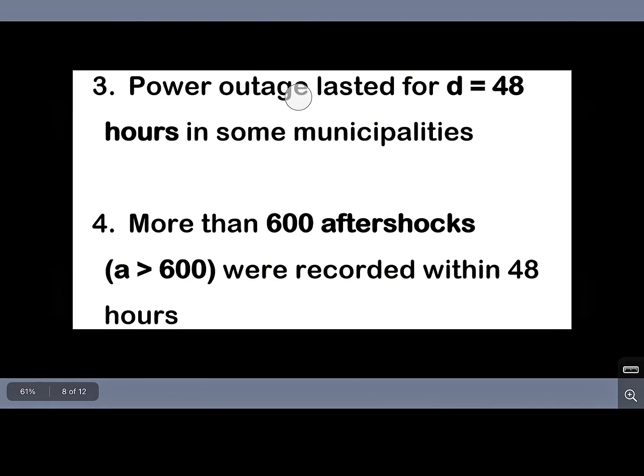Number 3, power outage lasted for D equals 48 hours in some municipalities. With this statement, we can identify either true or false. Then, the answer is proposition.